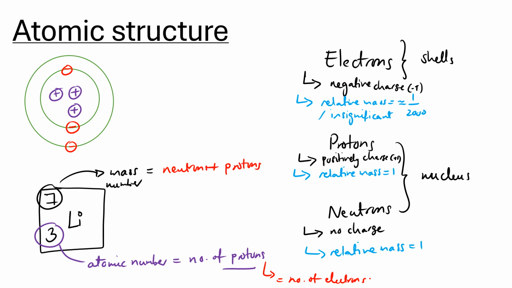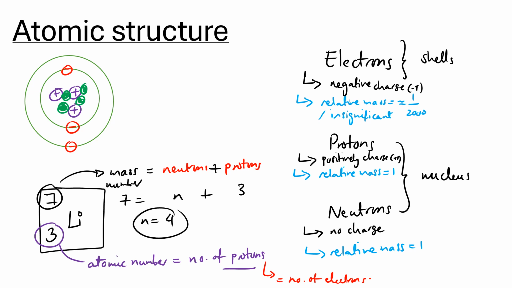So this total. Now, considering there's 3 protons, substitute 3 for protons, and the mass number is 7, n is 4. Subtract 3 from both sides, you get the idea. But there's 4 neutrons, and I'm now going to draw 4 neutrons. So we just represent them with these sort of green circles, no charge. There we have it.